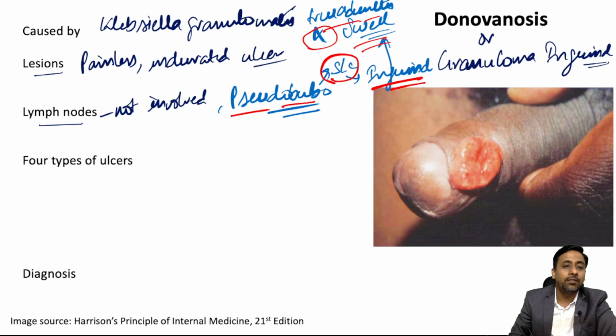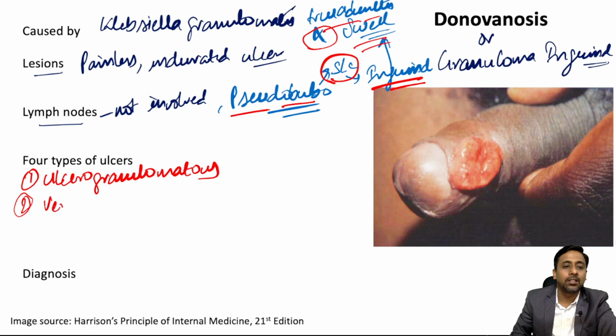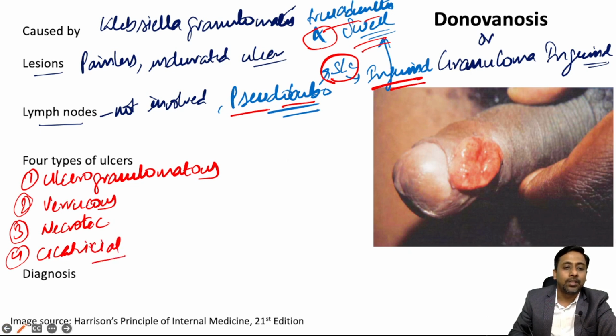Okay, and we may find 4 types of ulcer in this donovanosis, and the commonest one, or the first one, is ulcerogranulomatous. Second is verrucous. Third is necrotic, and fourth is cicatricial. Okay, and this ulcerogranulomatous is the most common.